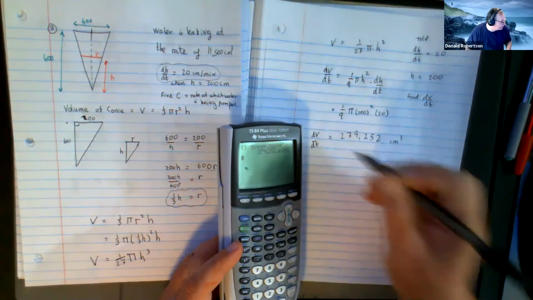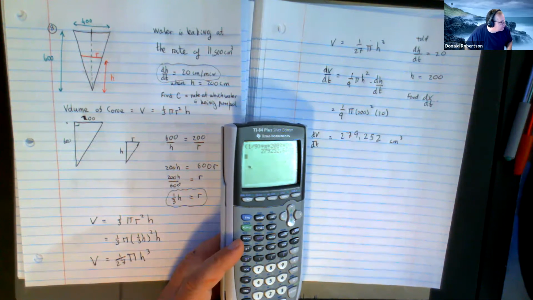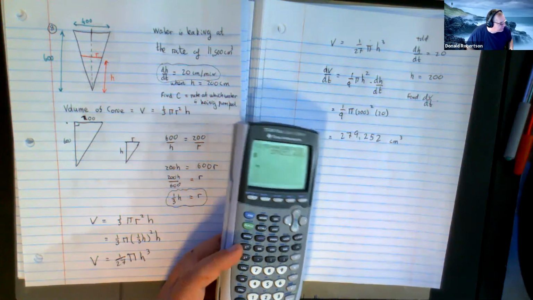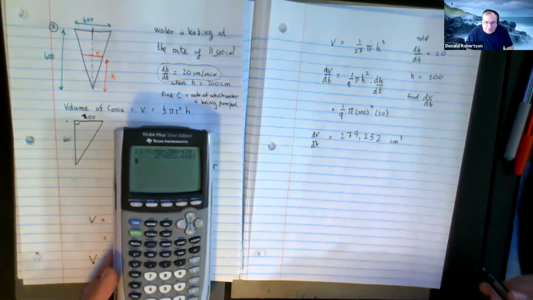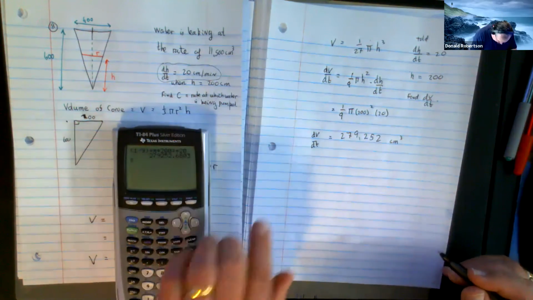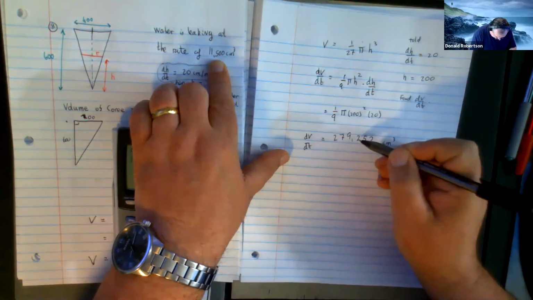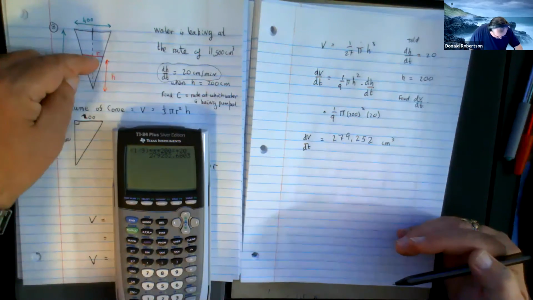And you would probably think, hey, question's finished. But the one thing I forgot to take account of was that the water is leaking out at the rate of 11,500. So that number won't cut it. That number will allow this to rise if nothing was happening.